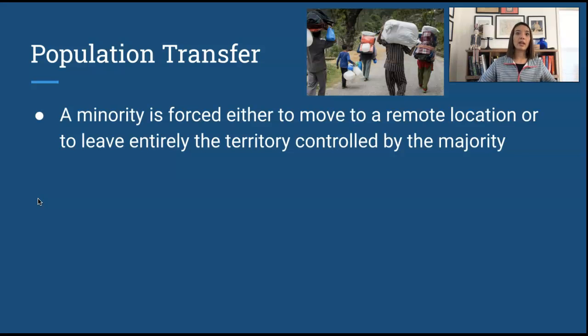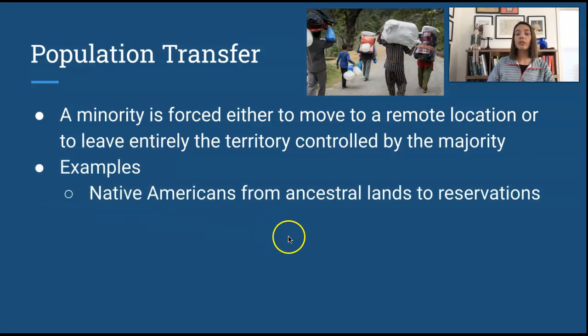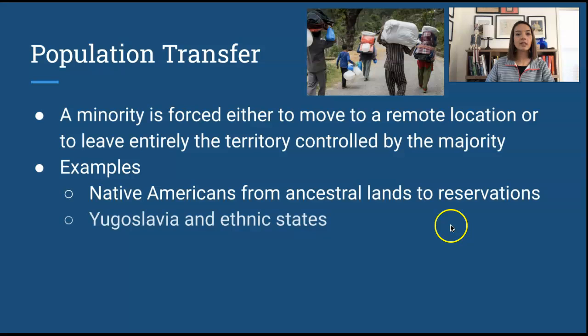So they want them kind of out of the way of what they deem as the society that they want living there. Examples include Native Americans that were forced onto reservations at the turn of the century, late 1700s, in the 1800s, that's when this happened.